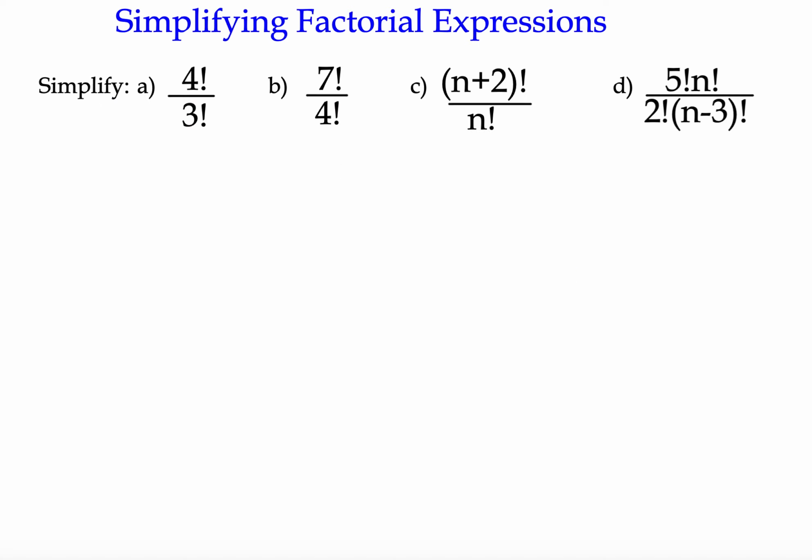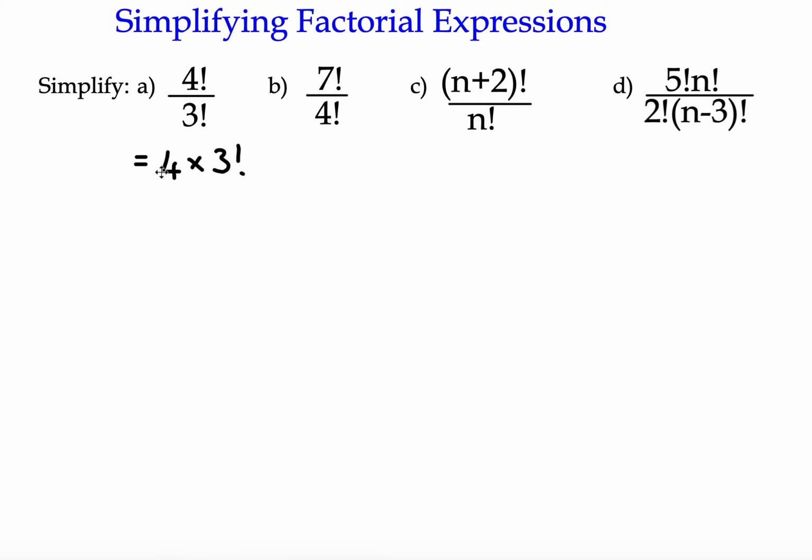Now, here's just the last thing we're going to have a look at. We can actually, without working out, simplify factorial fractions by thinking about that quality that I just talked about. So, for instance, 4 factorial divided by 3 factorial: we can rewrite this as the number 4 multiplied by 3 times 2 times 1, which is 3 factorial.